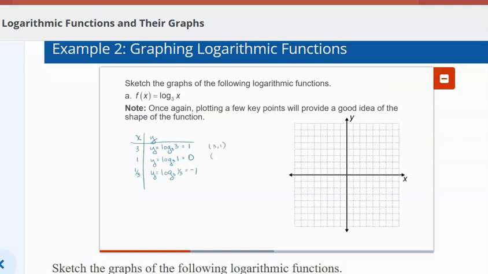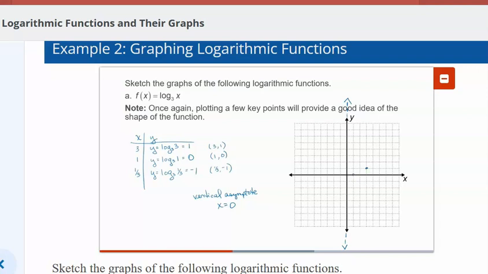So I have the ordered pair 3, 1, the ordered pair 1, 0, and the ordered pair 1/3, -1. And I also know, because it's a logarithm, I have a vertical asymptote of x equals 0. And that would be the y-axis. So you can't actually see the y-axis if I dot it all in, but I'll just add some extensions that are dotted indicating the asymptote.